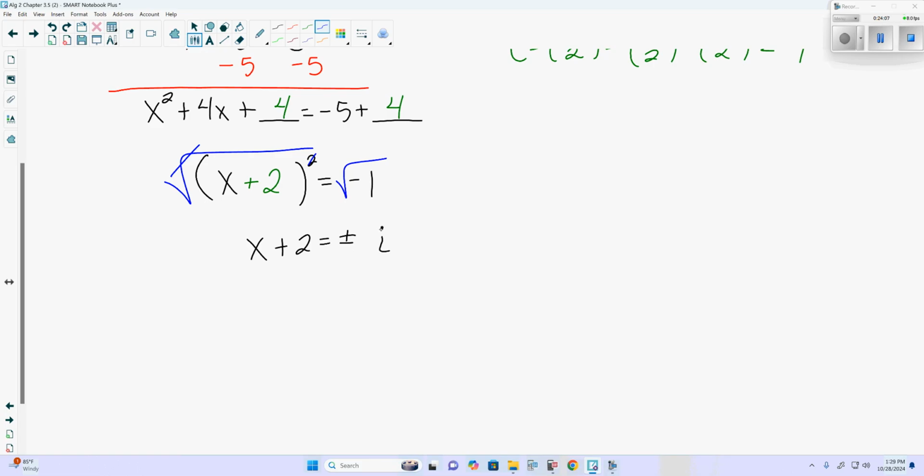The negative would indeed turn into i, leaving us with the square root of 1, which is 1i, or i, because i by definition is what? i is the square root of negative 1. So really, we could just replace the square root of negative 1 with i.